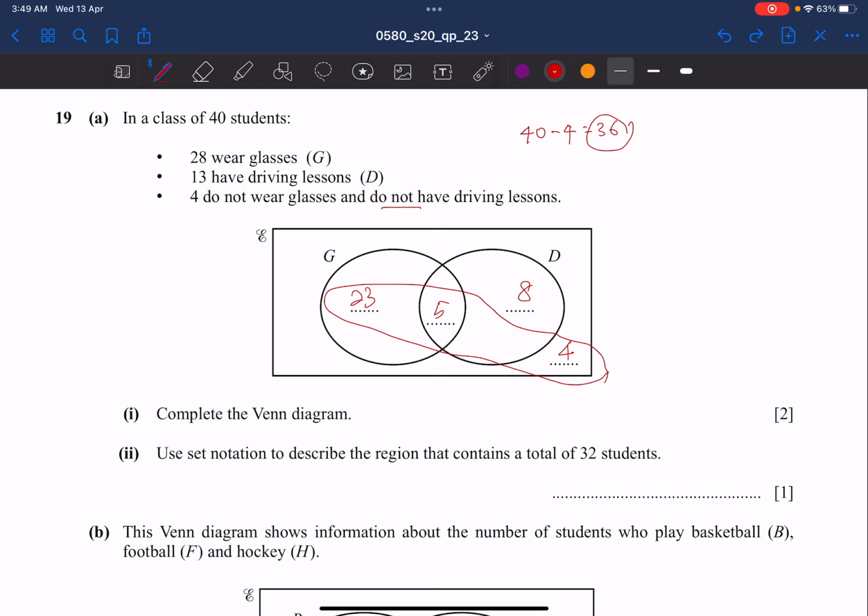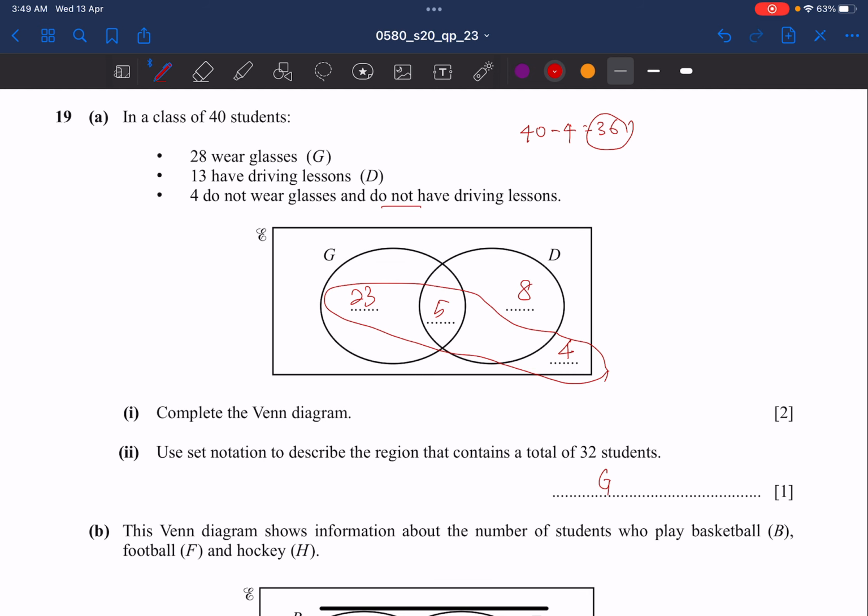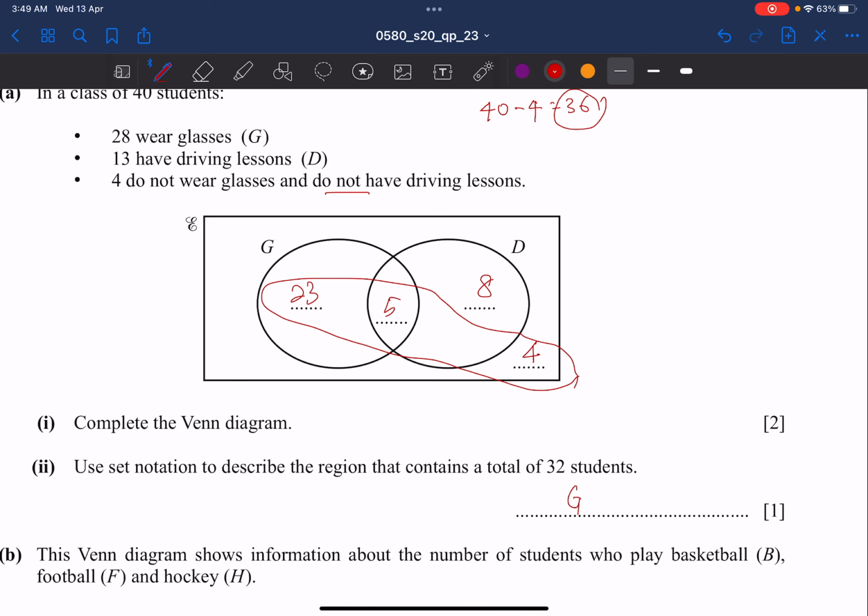So it should be either in the set G, okay, but not in the set D, right? But not in the set D. So, G union D complement. Okay, set G union D complement.